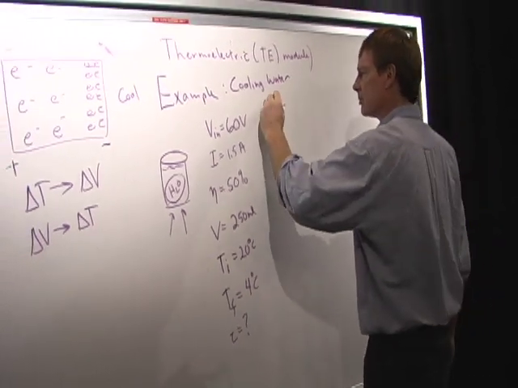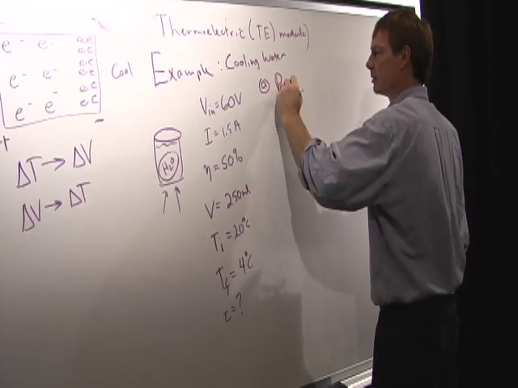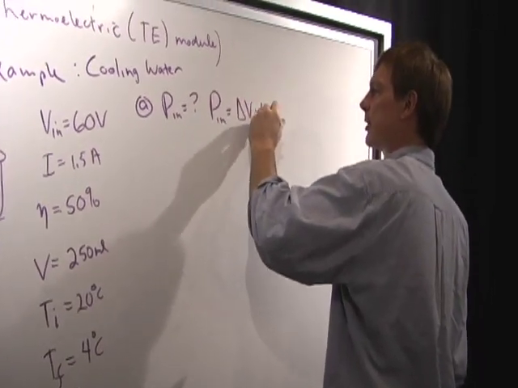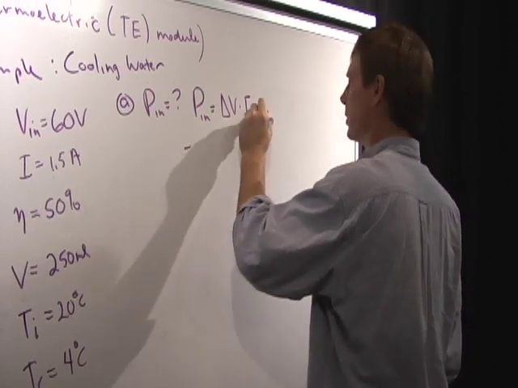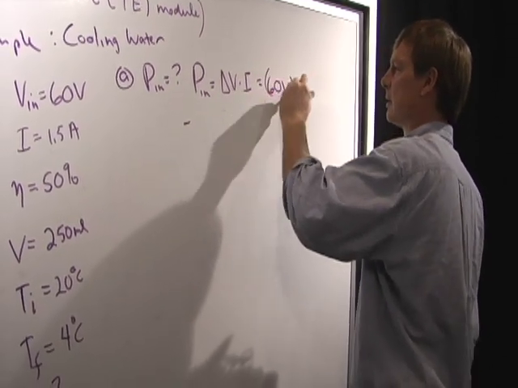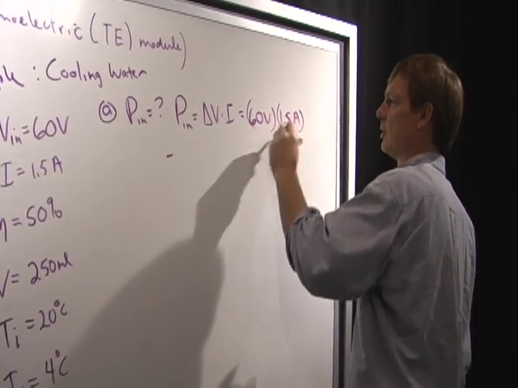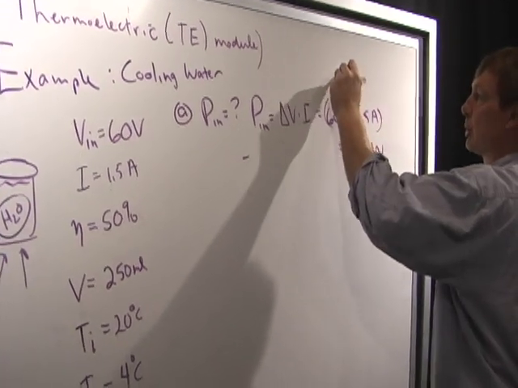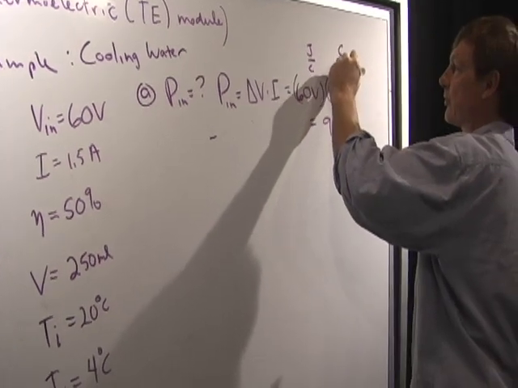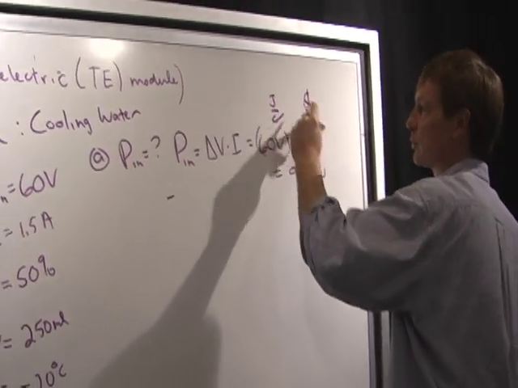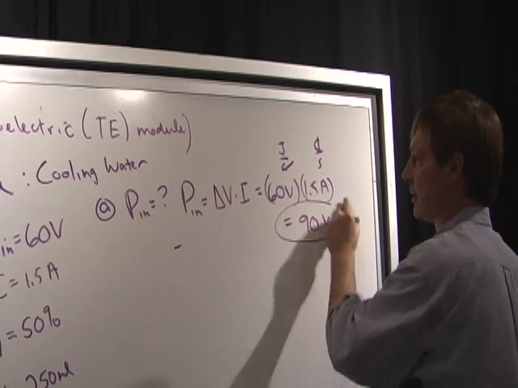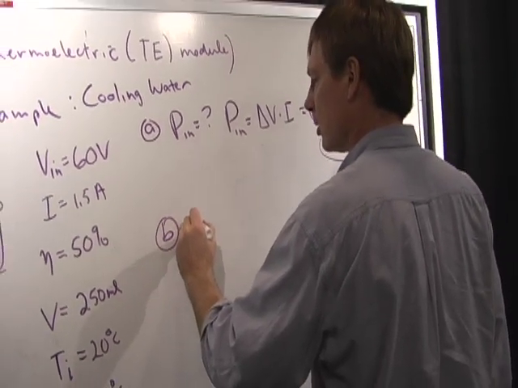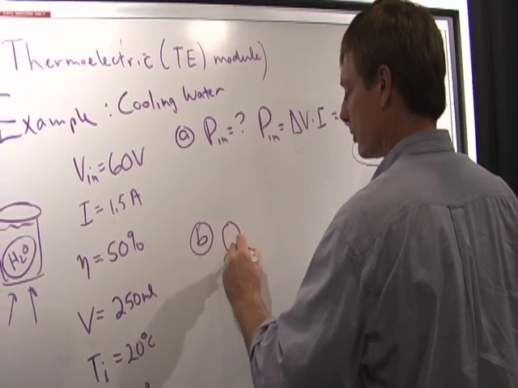So A, what's the input power? Well, the input power is the voltage times the current, which is 60 volts times 1.5 amps, which is going to be 90 watts. A volt's a joule per coulomb, an amp's a coulomb per second. Coulombs cancel, I get joules per second. It's a watt. B, what's the heat transfer rate out, which is just the output power.